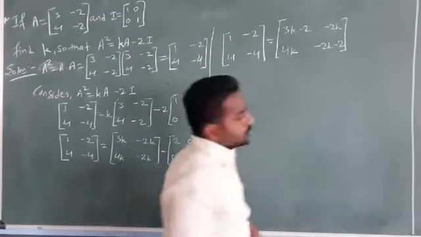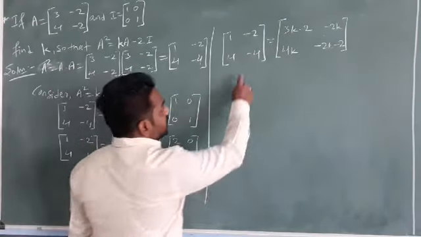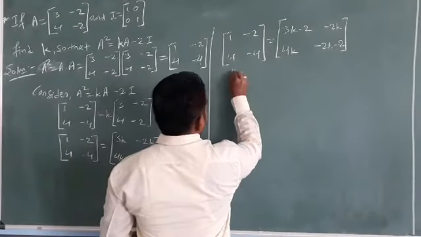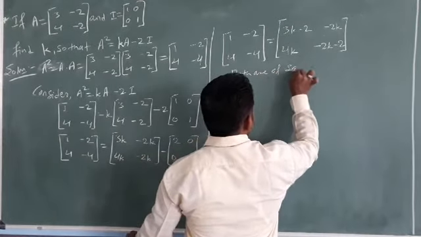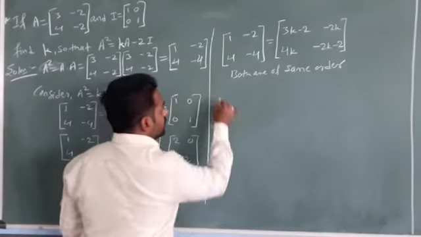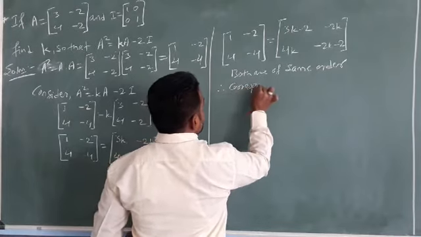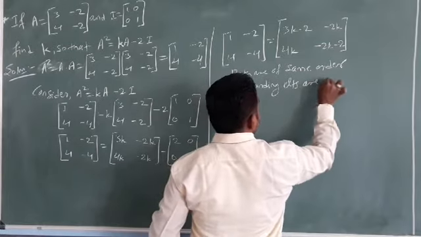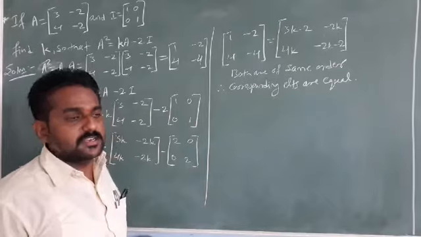So again observe the matrices here, students. It is a 2 by 2 matrix, this is also a 2 by 2 matrix. Both are of the same order. Therefore corresponding elements are equal.